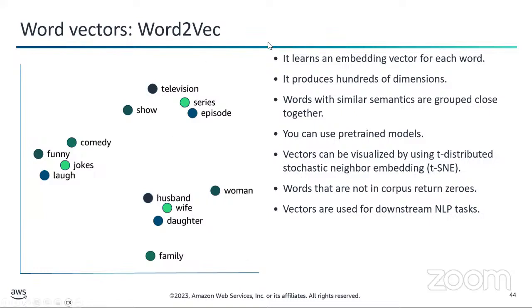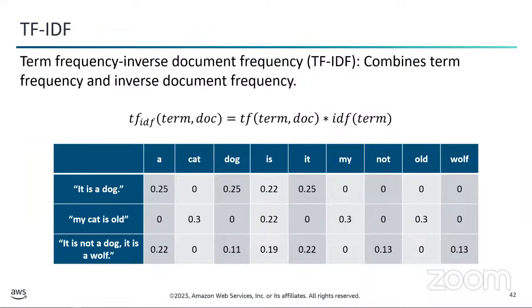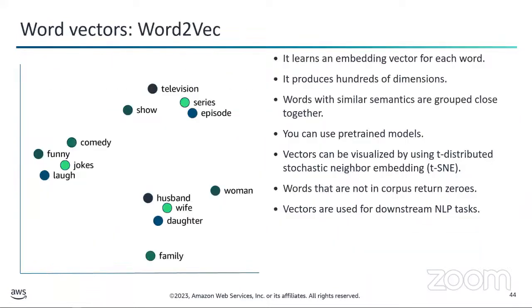Another is called word vectors, or word2vec, because of the problem with what we have talked about so far: the n-grams, the TF-IDF and all those are bag of words techniques. The problem with these models is that you don't get any information about the meaning or the context of the words.